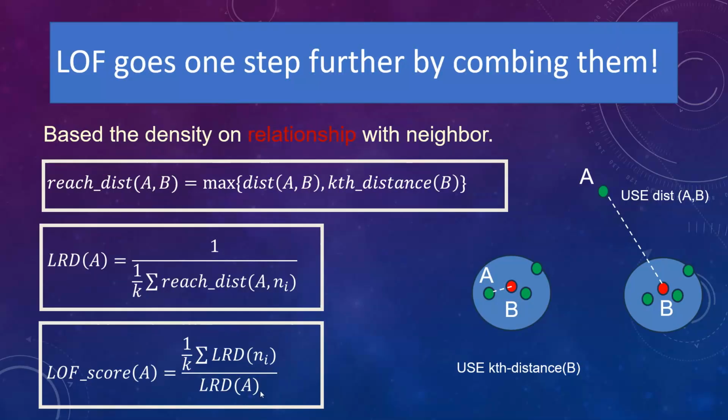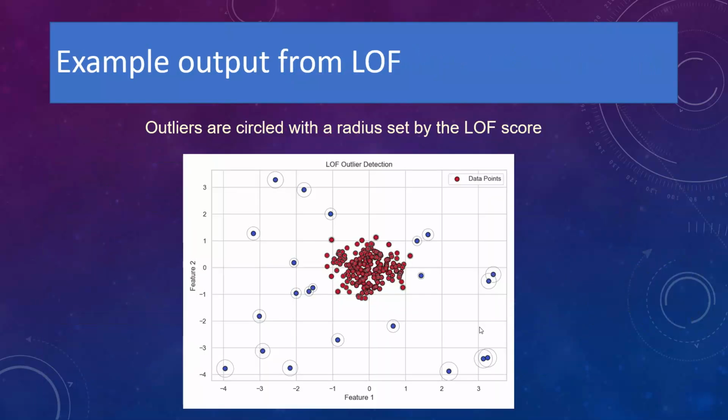We're working with densities, but we're going to carefully decide how those densities are going to be computed, taking into account statistical fluctuations of distance calculations versus a smoothing effect that we can get by using the kth distance of the neighbor. Now let's look at some results to conclude. Here's one cluster with a bunch of outliers around it, and you can see that the scores of these outlier points have been represented by a circle of radius that depends on the score.